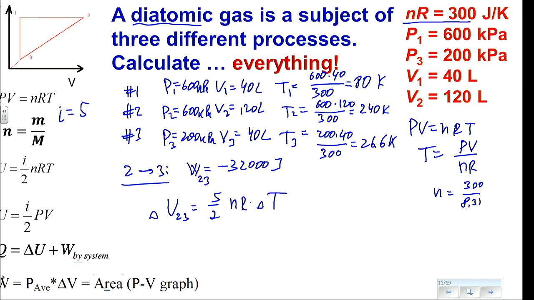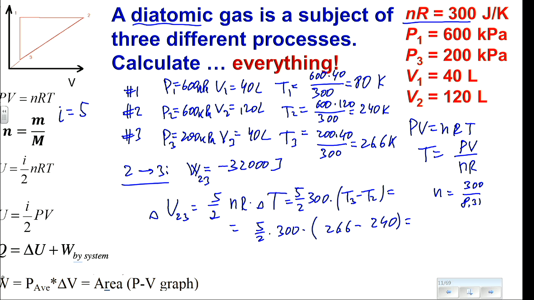Change means final minus initial, so it's temperature number 3 minus temperature number 2. So that's going to be 5/2 times 300 times temperature 3, 26.6 minus 240.